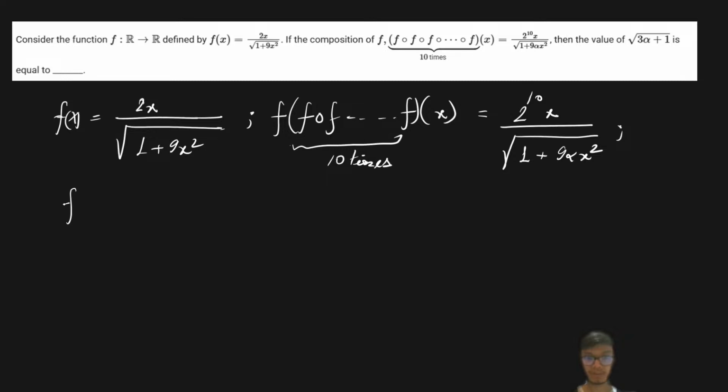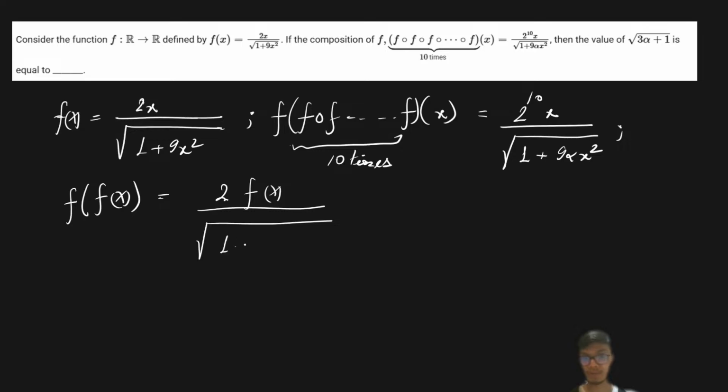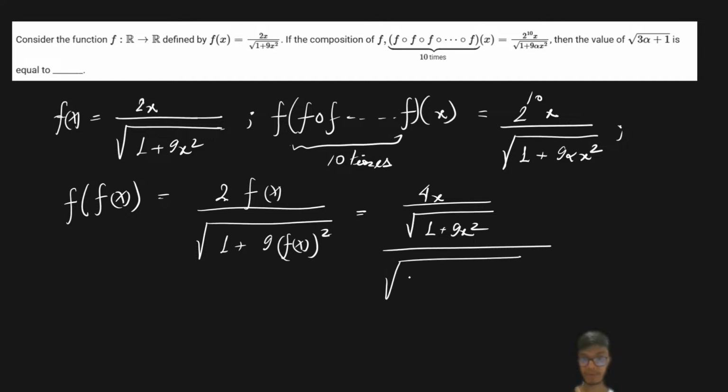First and foremost, let me find f of f of x, that is just one composition. It can be given as 2 times, in place of x I'll put f of x, divided by square root of 1 plus 9 times f of x whole square, which is equal to 4x divided by square root of 1 plus 9x square, whole divided by square root of 1 plus 9 times 4x square divided by 1 plus 9x square.